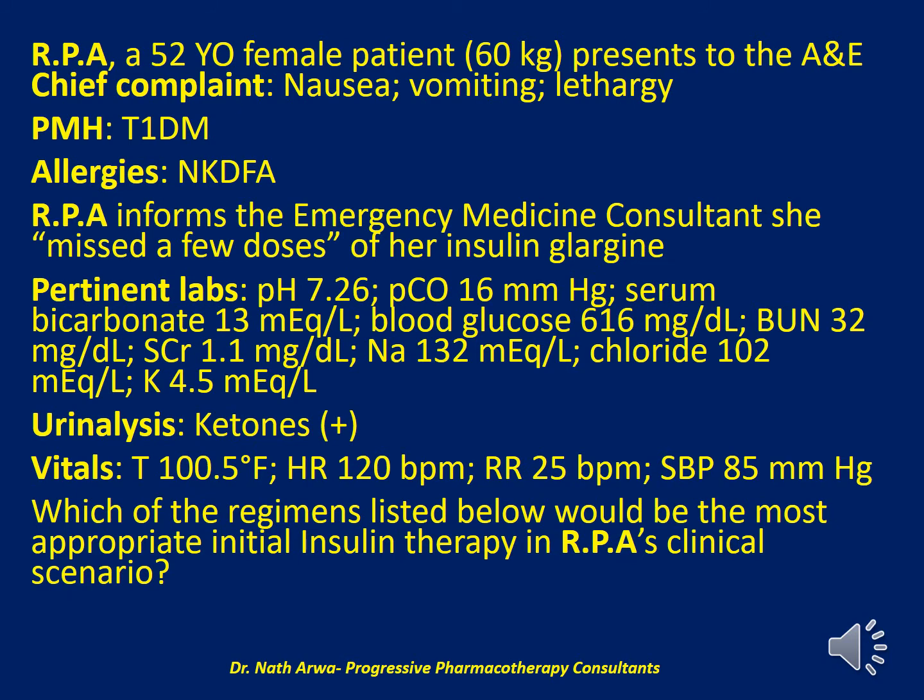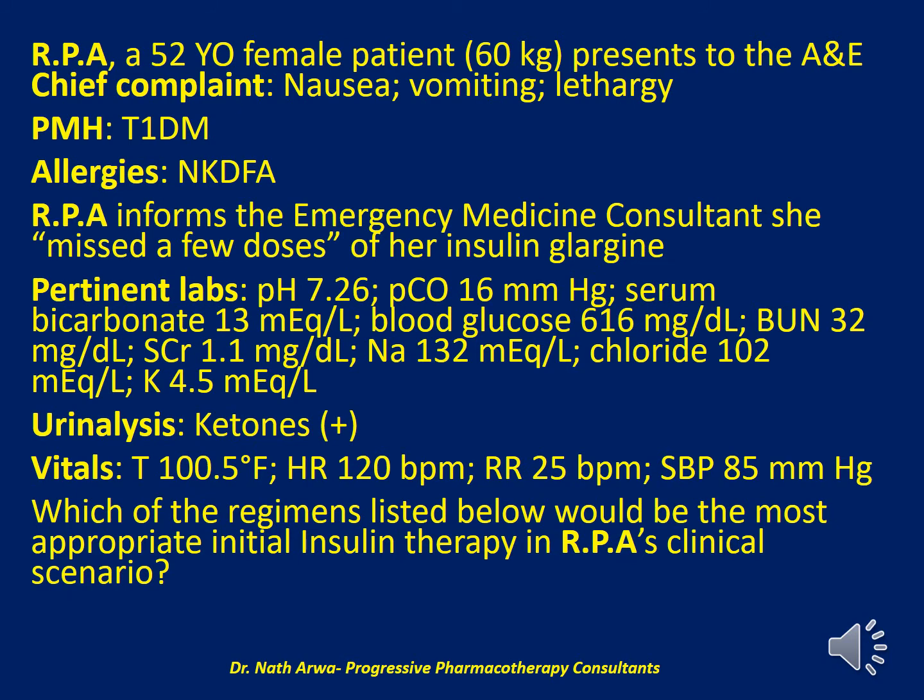Her pertinent labs include a pH of 7.26, a PCO2 of 16 mm of mercury, serum bicarbonate of 13 milliequivalents per liter, blood glucose 616 mg per deciliter, a BUN of 32 mg per deciliter, serum creatinine 1.1 mg per deciliter, sodium levels of 132 milliequivalents per liter, chloride 102 milliequivalents per liter, and potassium levels of 4.5 milliequivalents per liter.